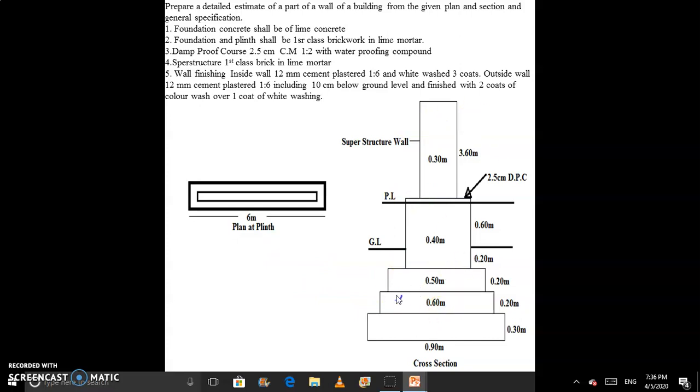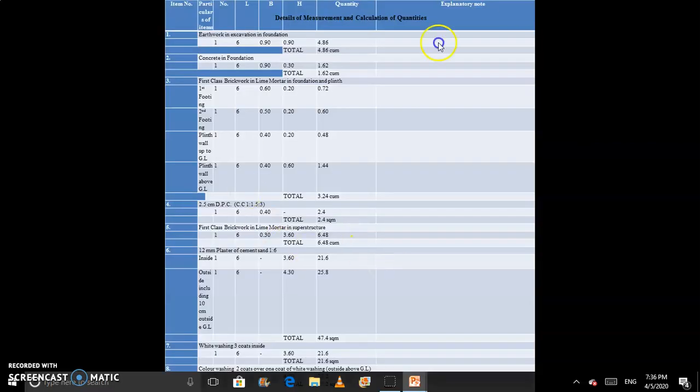We use the long wall short wall method for calculation of these values. Here we made a table. The table contains item number, particulars of items, number, length, width, height, quantity, and explanatory notes.